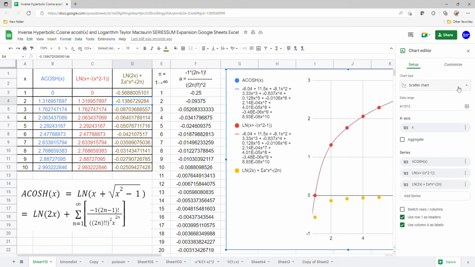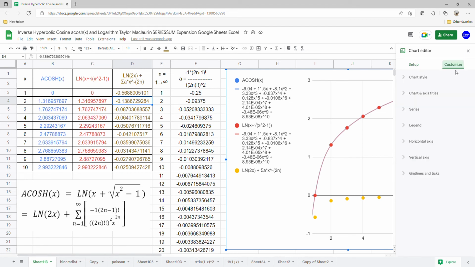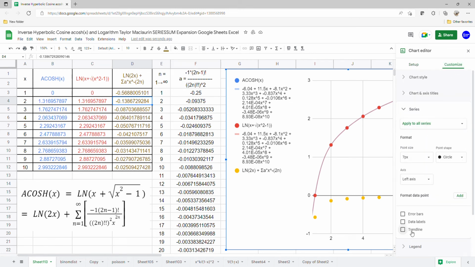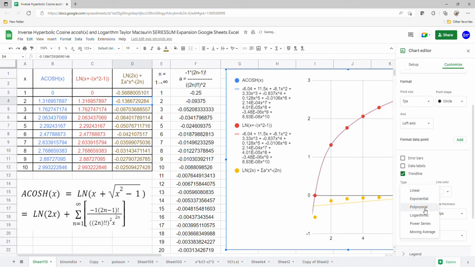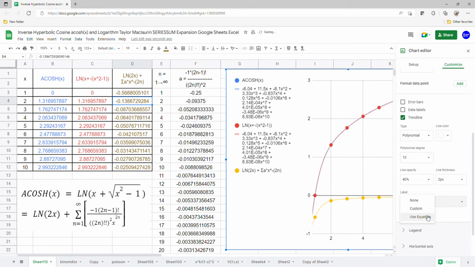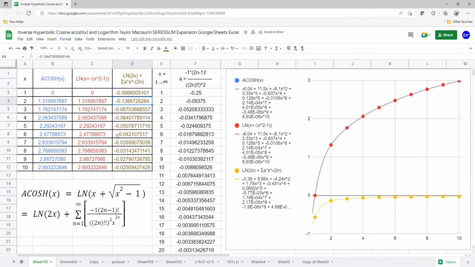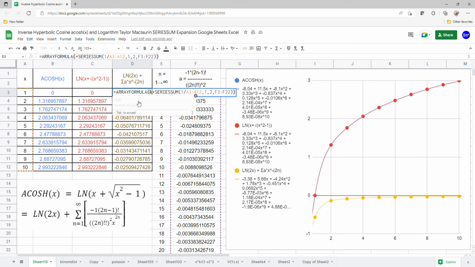So this is series, trend line, polynomial to the 10th degree. And for the label, use the equation. So here's the equation. And we factor in ln 2x. So this is plus ln 2 times x.